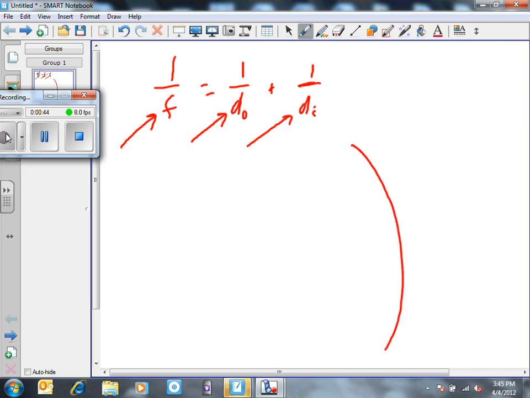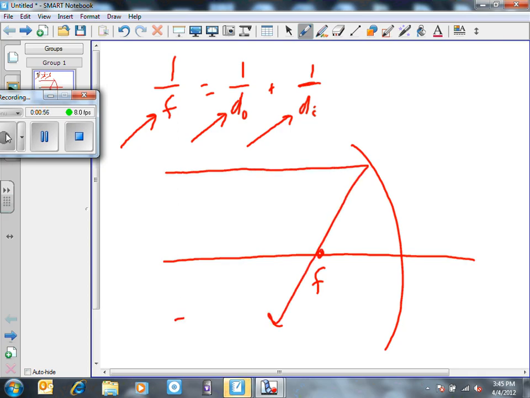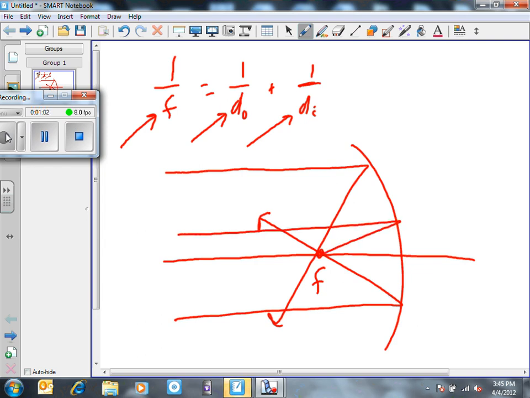If we have a mirror situation like this, and we have a focal point here, we know that this mirror is going to converge all the light rays that bounce off of it, and they will converge at this point called the focal.